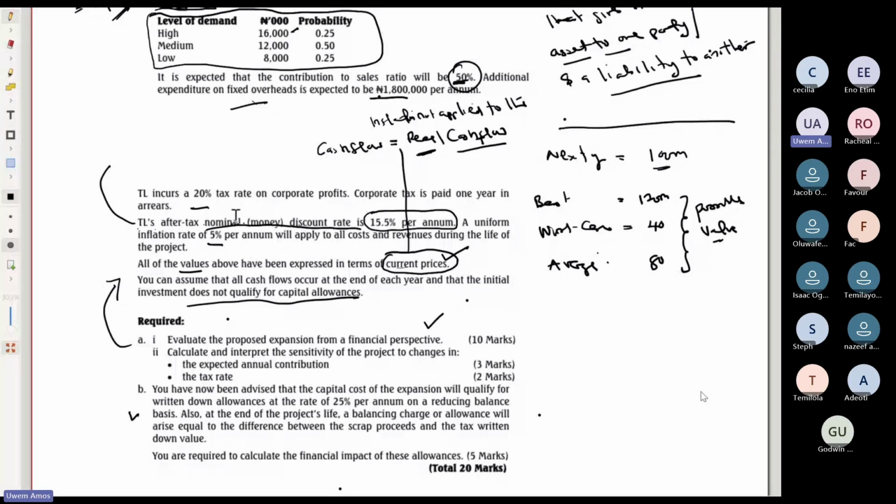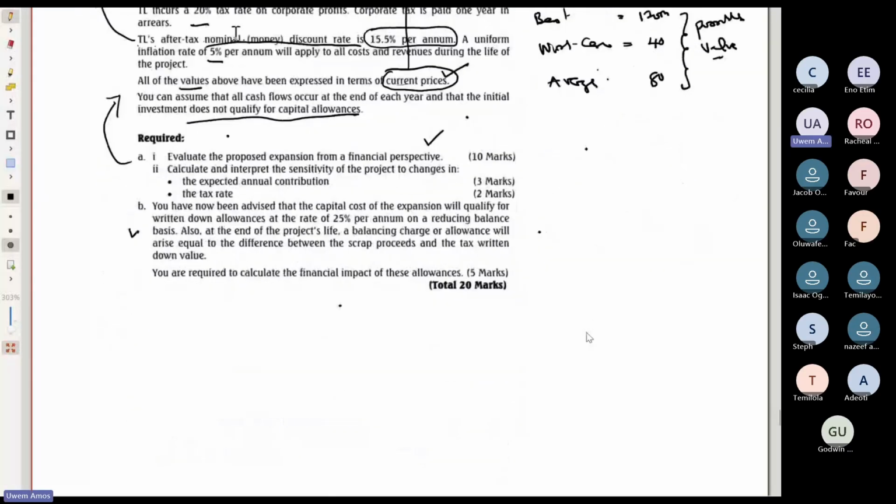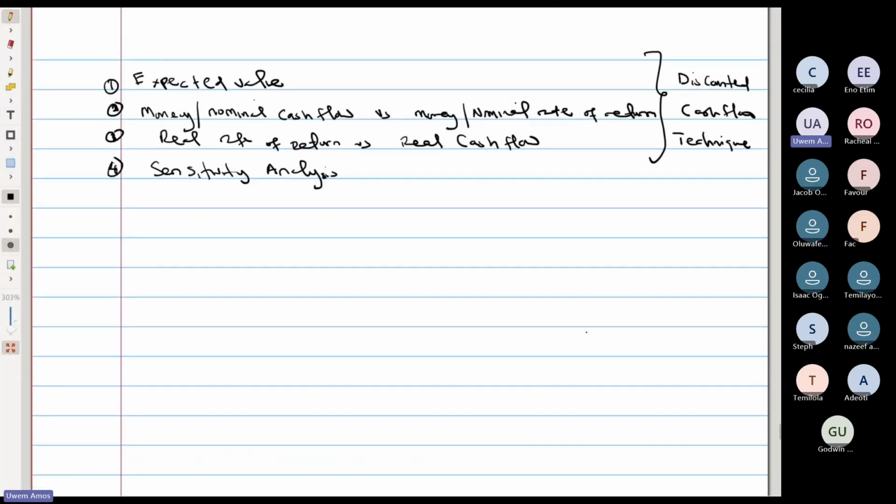So whenever you have a question that just says evaluate an investment, the default method that readily comes to your mind would be one of two: NPV and APV. So those are the two default methods. So you don't have to start thinking about, oh, which method do I use to evaluate this project?